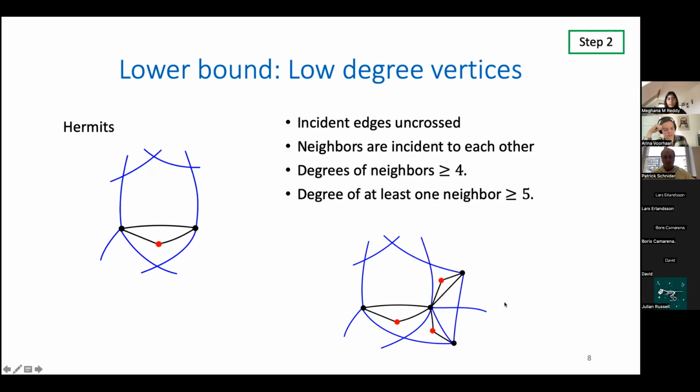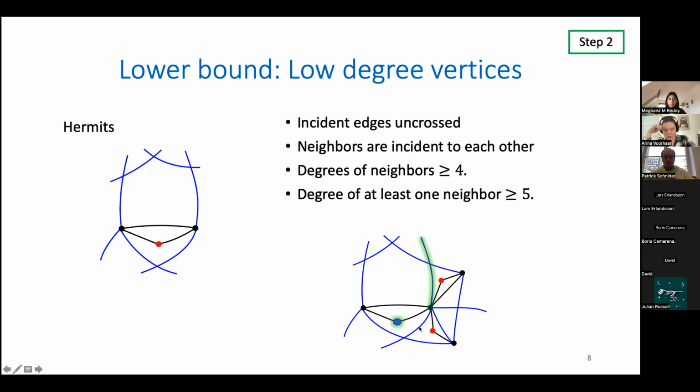Let's try to add more things to this. It turns out something like this can happen, where at this vertex, we have multiple incident degree 2 vertices, and each of these cross boundary edges supports two hermits. But what we can still do is go counterclockwise and assign this boundary edge to this hermit and do the same around.